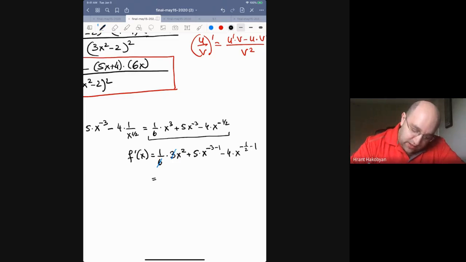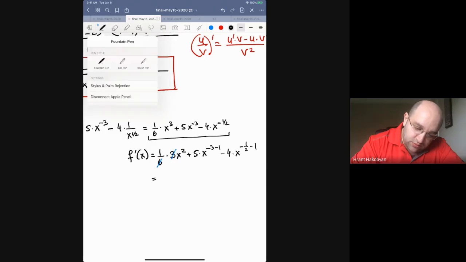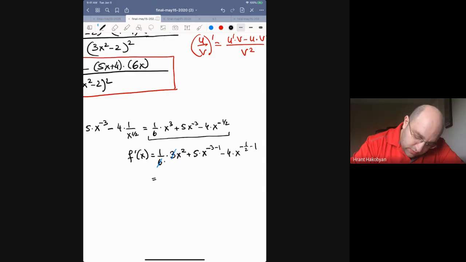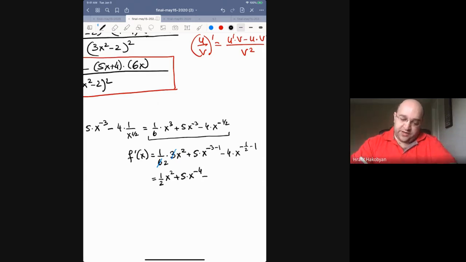So I will have a 2 here, so it's 1 over 2 x squared plus 5 times x to power negative 4 minus 4 times x to power negative 1/2 minus 1 is negative 3/2.